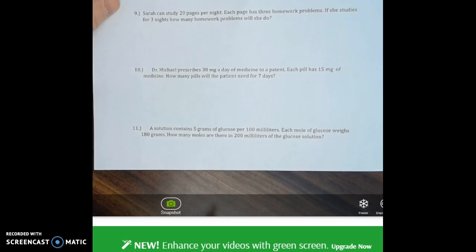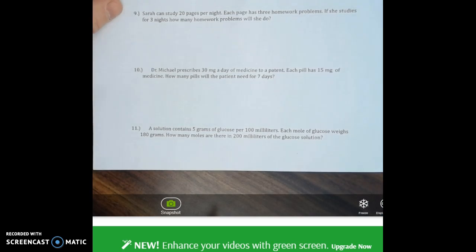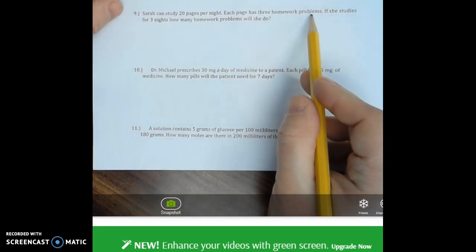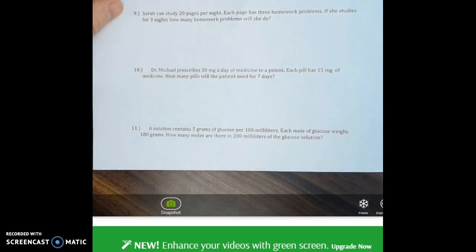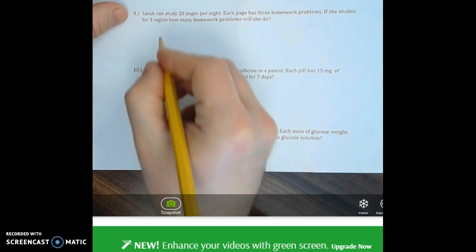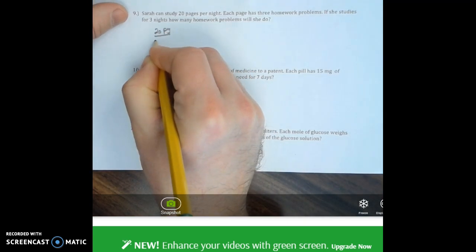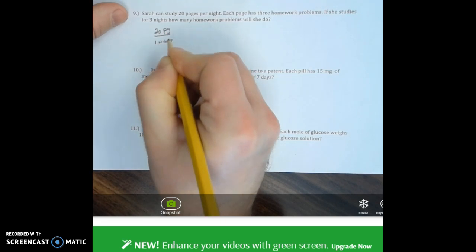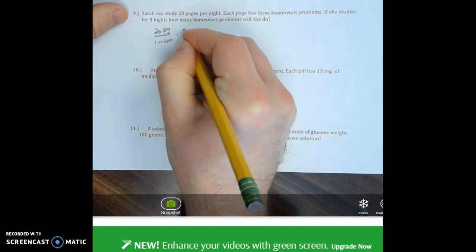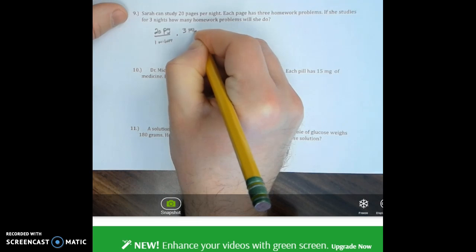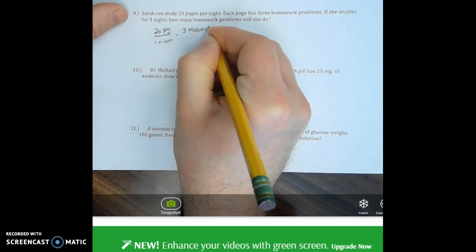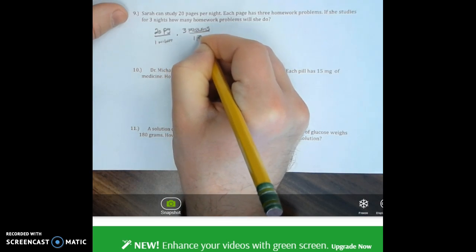In the next question, we know that Sarah can study 20 pages per night, and each page has 3 homework problems. So if she studies for 3 nights, how many problems will she do? So we're going to start out with the rate given, 20 pages in a night. And we're going to multiply that by the 3 problems per page. 3 problems per page.